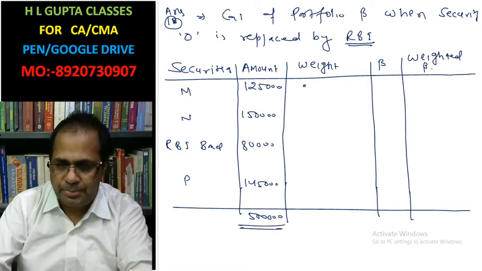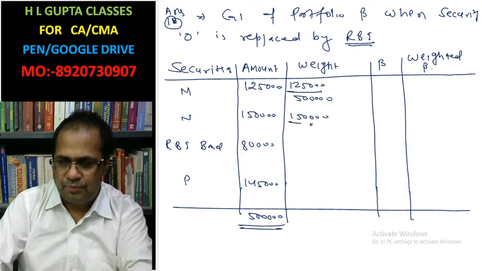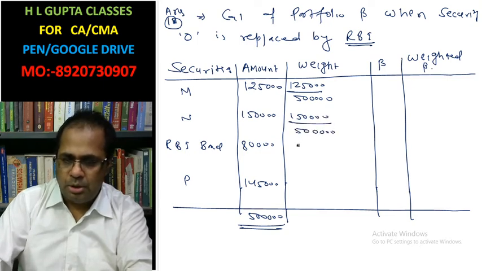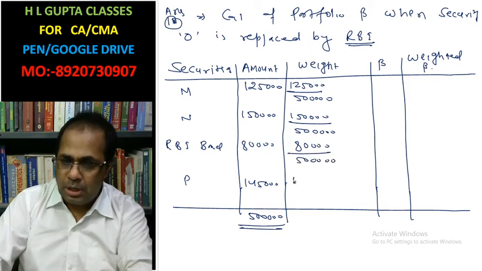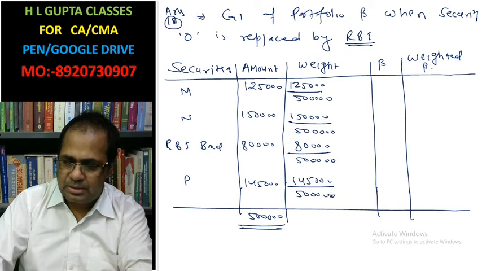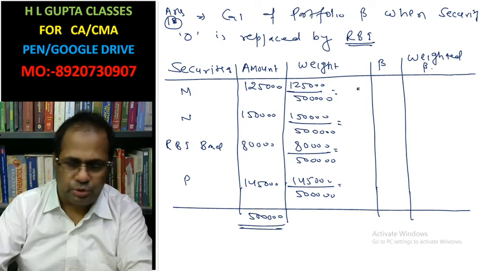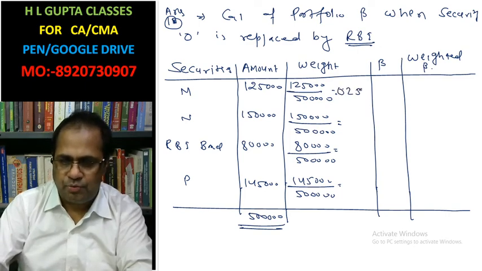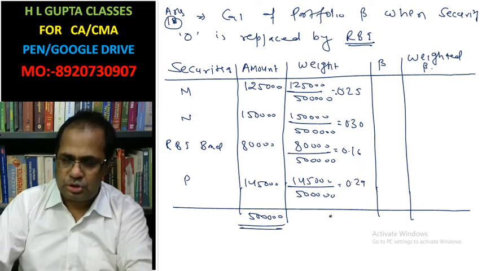You calculate the weight in the same manner: 1,25,000 divided by 5 lakh, 1,50,000 divided by 5 lakh, 1,80,000 divided by 5 lakh, 1,45,000 divided by 5 lakh. The weights are 0.25, 0.30, 0.36, 0.29. The sum of weights is 1.